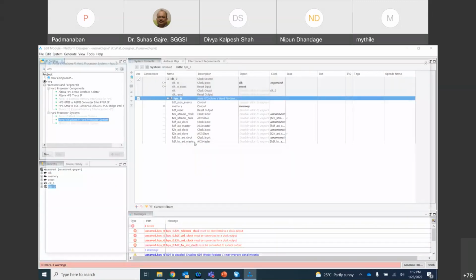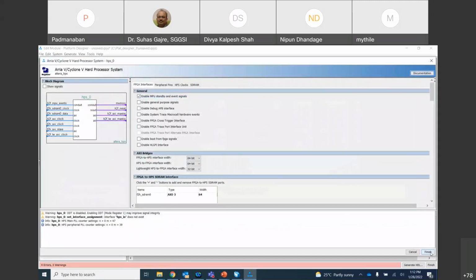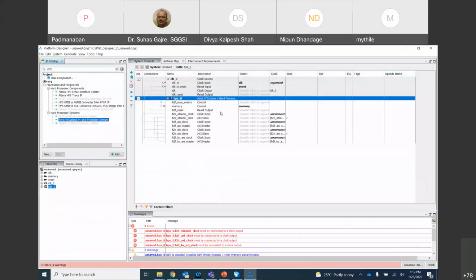See here, this is a hard processor system. It is available. You can see HPS here, right? So HPS is called the hard processor system. And you can also see what needs to be connected here. You can see how the clock needs to be connected. All that information is provided.